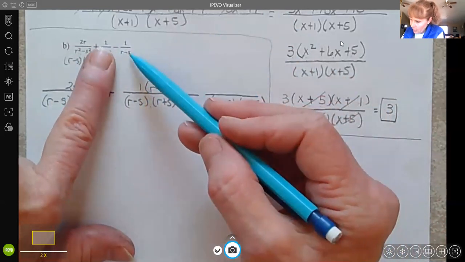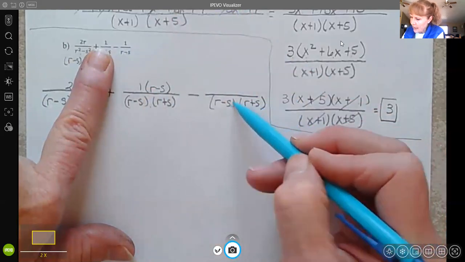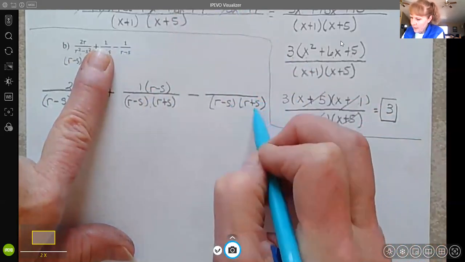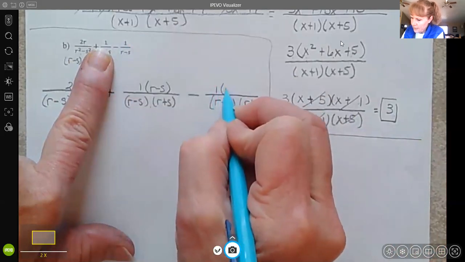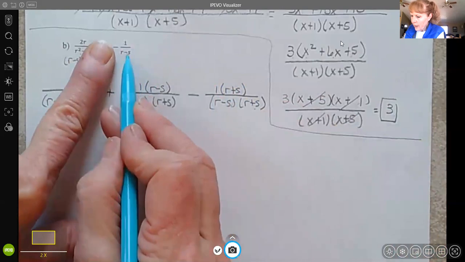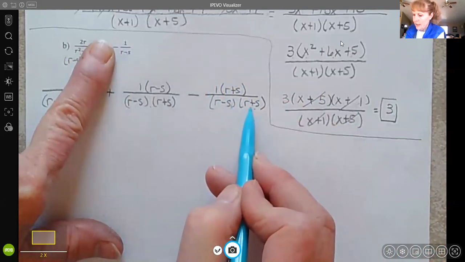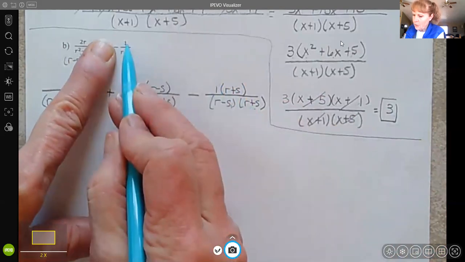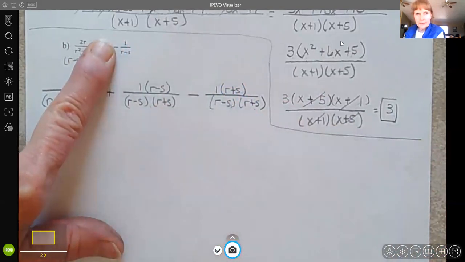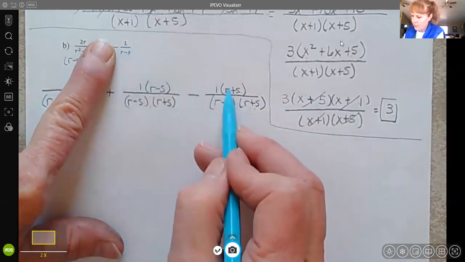Now let's look at this one, r minus s, I need an r plus s. So I'll take 1 times r plus s. To go from this numerator to this numerator, I needed to multiply by r plus s. So that's what I multiply the numerator by. Whatever I need to multiply the denominator by, I multiply the numerator by.